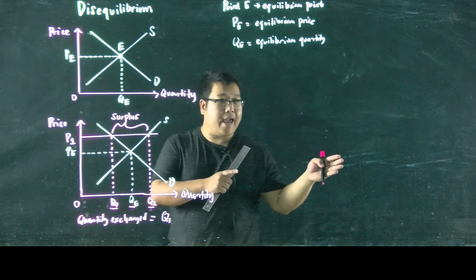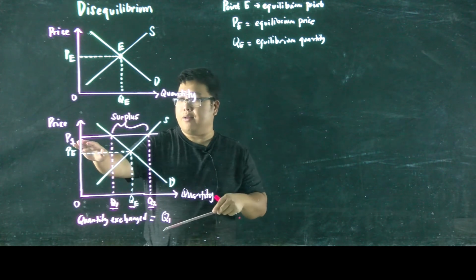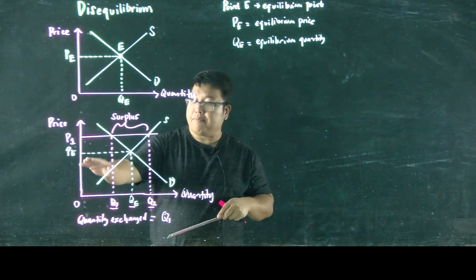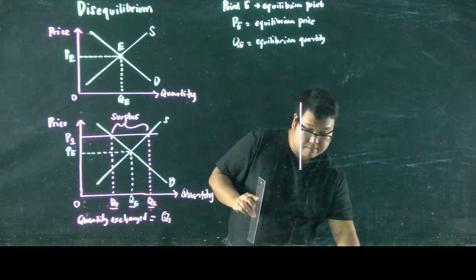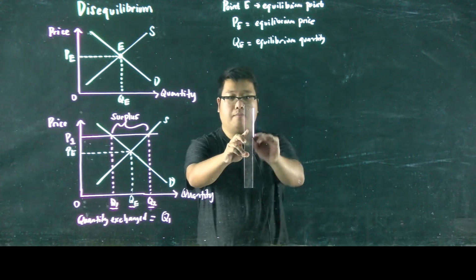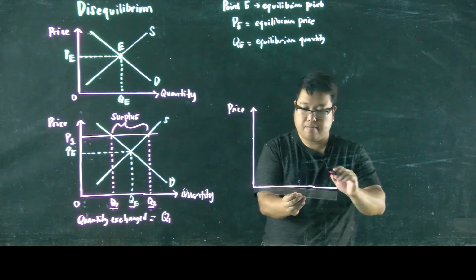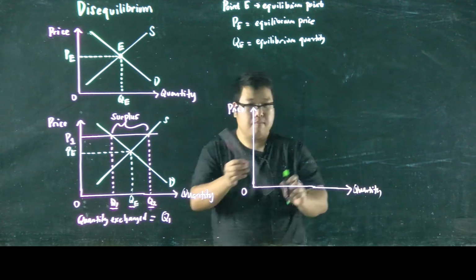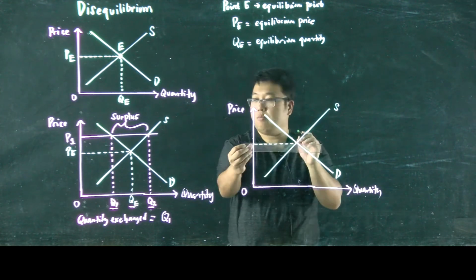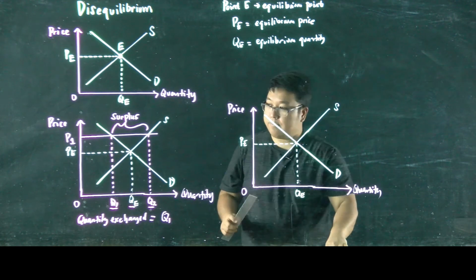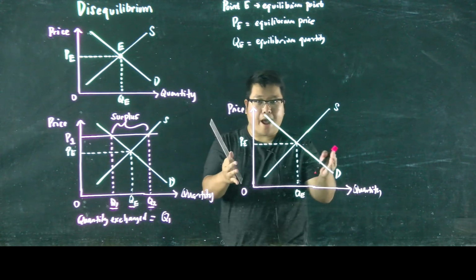Now, let's look at the case where instead of the disequilibrium price being above PE, it is below PE. All right, so now we have our graph.